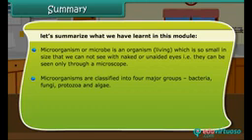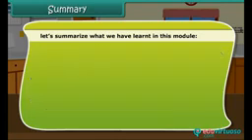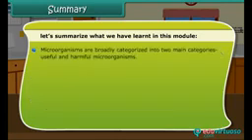Microorganisms are classified into four major groups: bacteria, fungi, protozoa, and algae. Microorganisms can survive in different environmental conditions like water, soil, hot springs, and mountains, etc. Microorganisms are broadly categorized into two main categories: useful and harmful microorganisms.